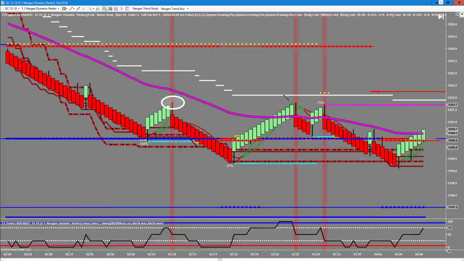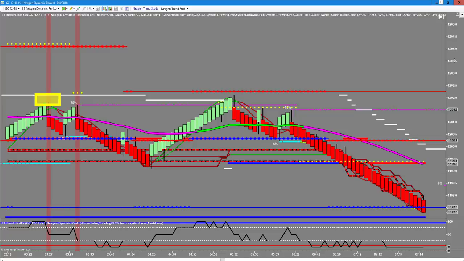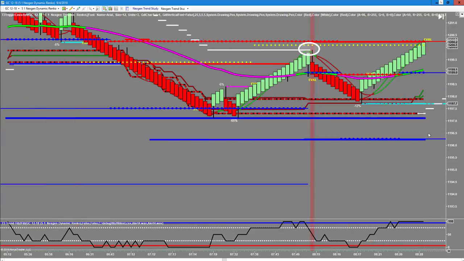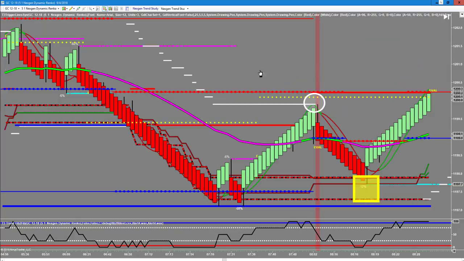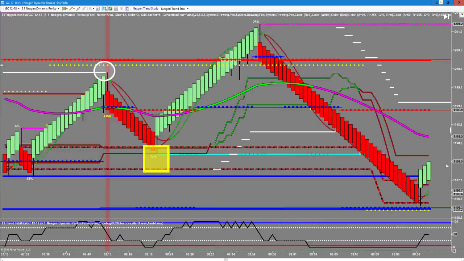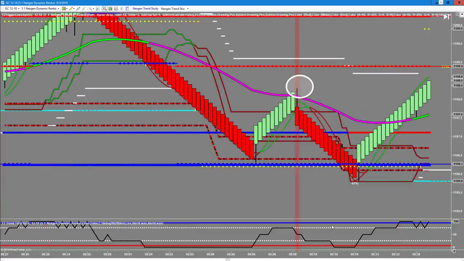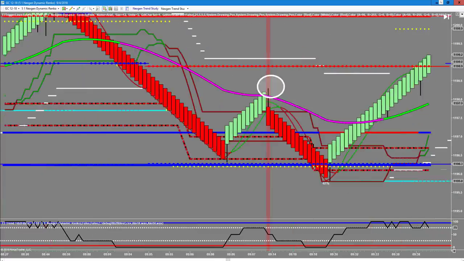One more attempt, and then it's over. One more attempt, and divergence from a fib. It's over. You guys get the pattern?